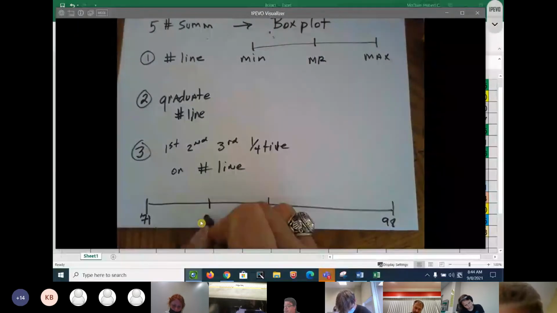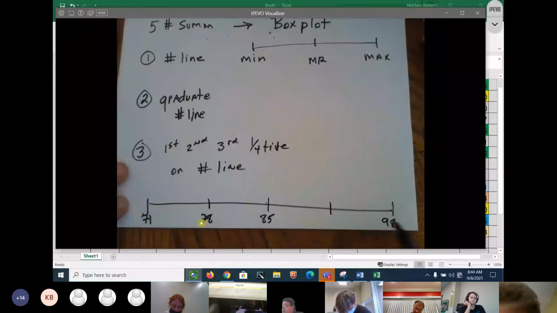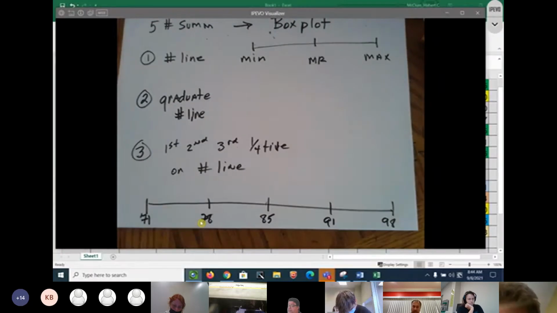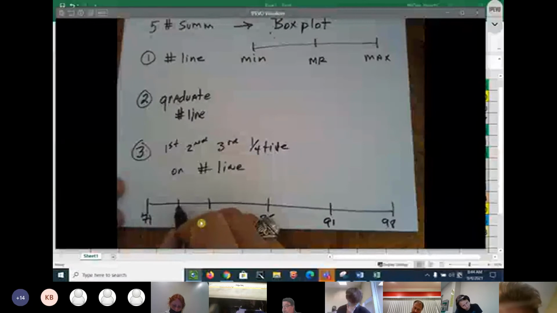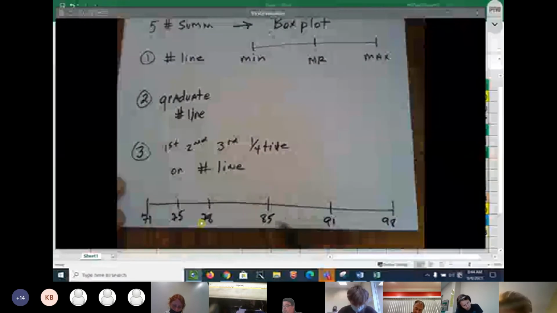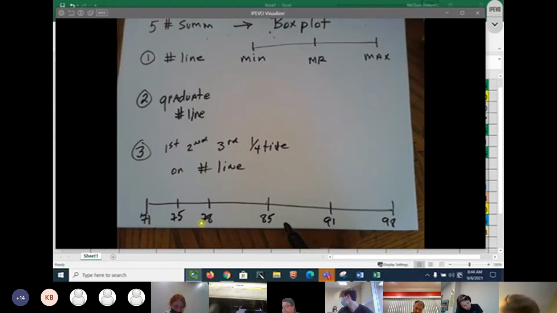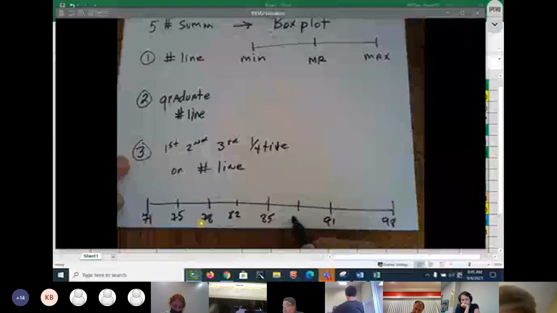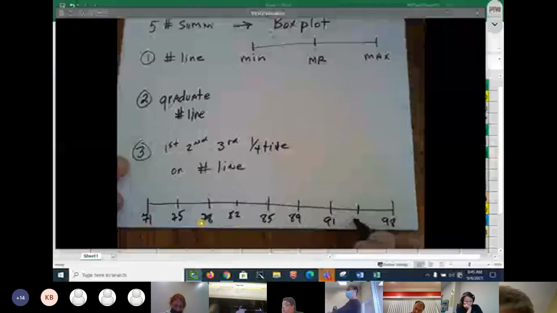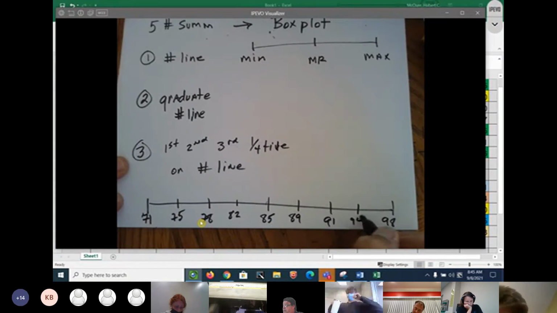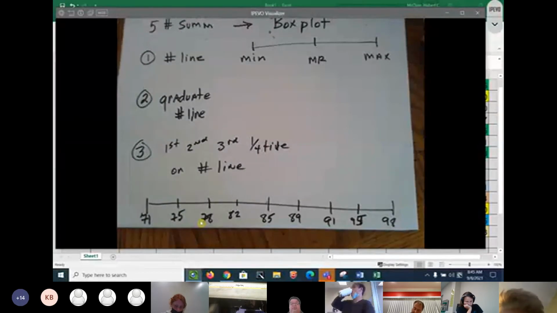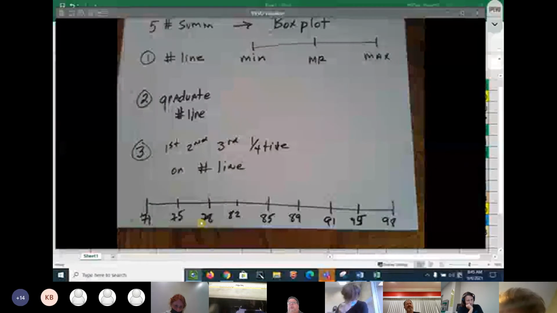So that's going to be 78. 71 to 78 is 7, half is about 4, that's 75. Then 82, 89, and 94, 95. It's close enough for government work. You don't have to reinvent the wheel. You're not putting O-rings on the space shuttle, okay? You're just graduating the number line.